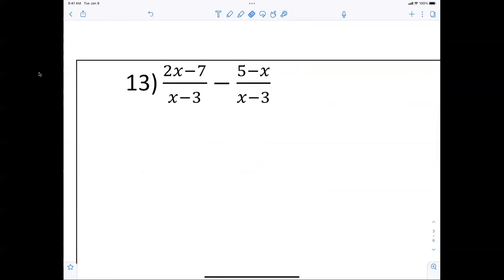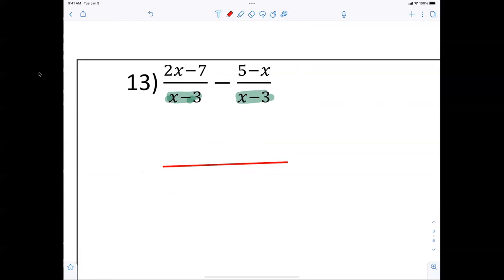Now, for number 13, x minus 3 already has a common denominator. So this one is easy. All we have to do is put x minus 3 on the bottom. However, this is where people make mistakes because of the minus.